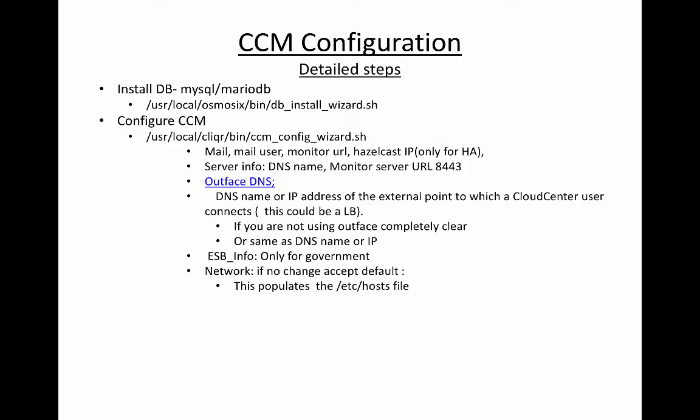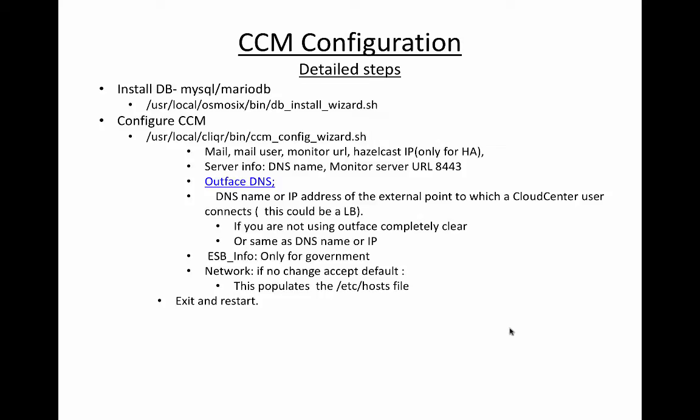The naming may be a bit confusing, the out phase. If there is no second interface, just keep it clear, or put the same DNS name of that CCM. ESB is for government, network default, and this is the popular host files, and then exit and restart.